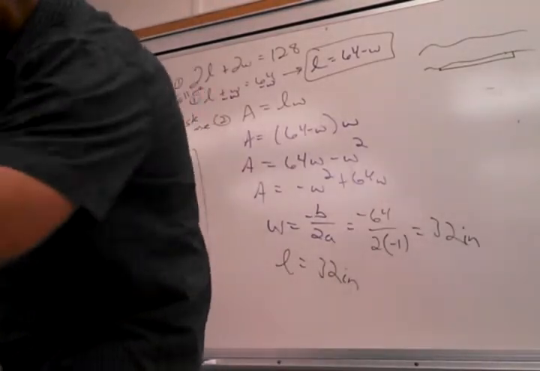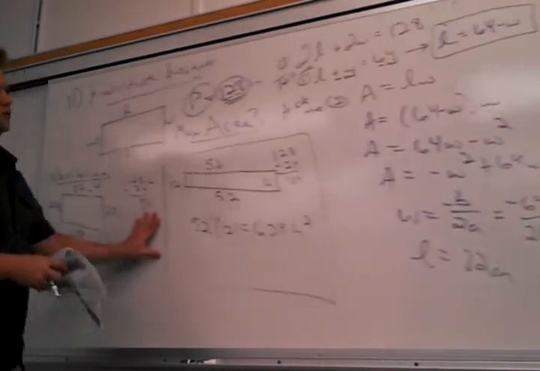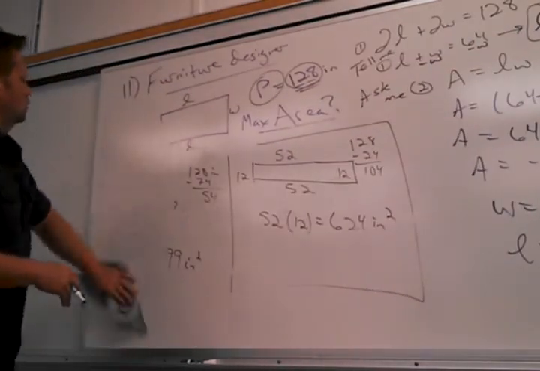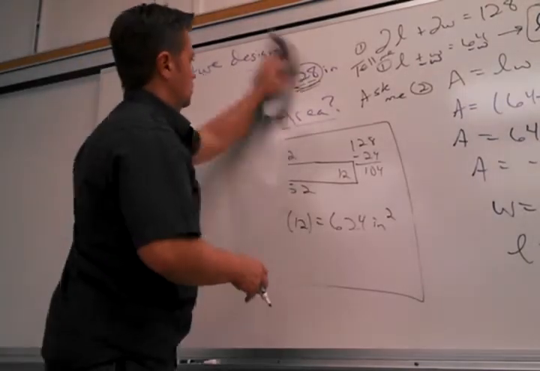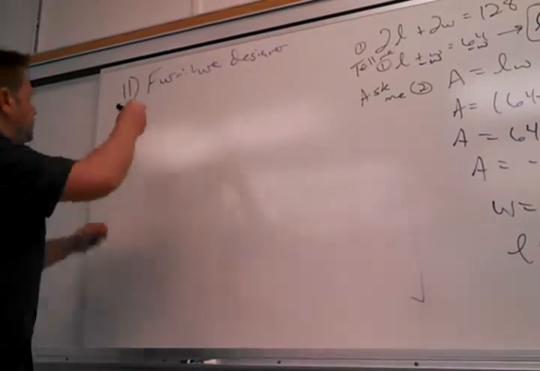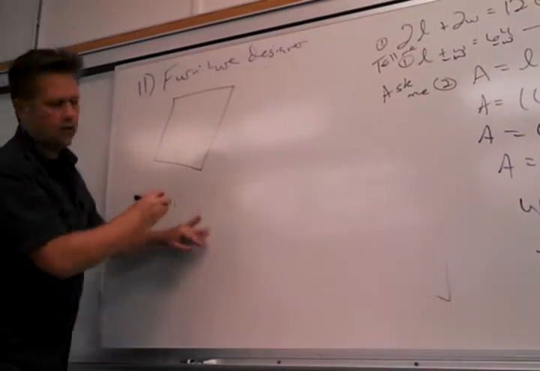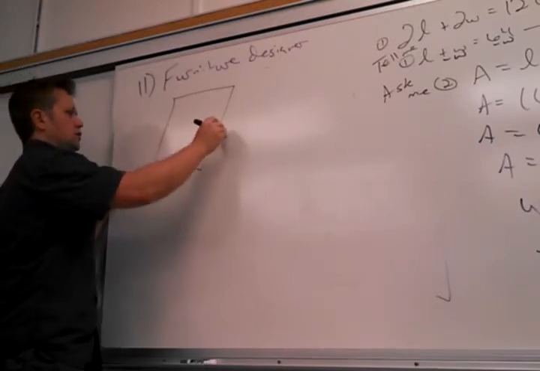And just a little bit on number 15, since somebody asked me about number 15. So for 15, you start with a sheet of metal that is 8 by 14 inches.